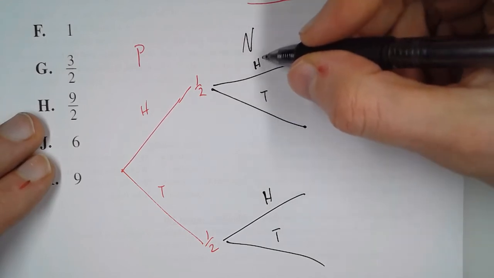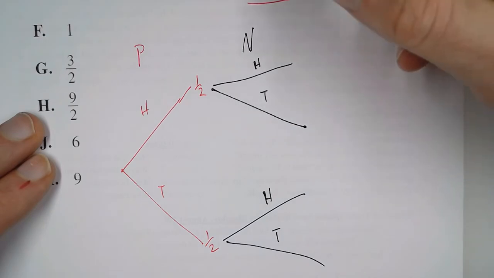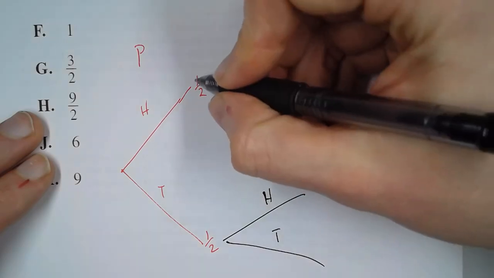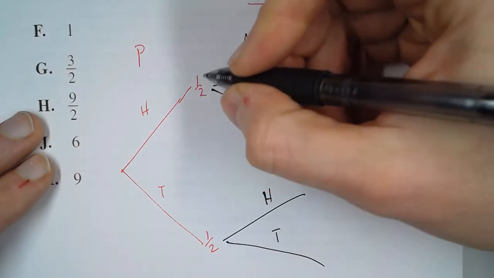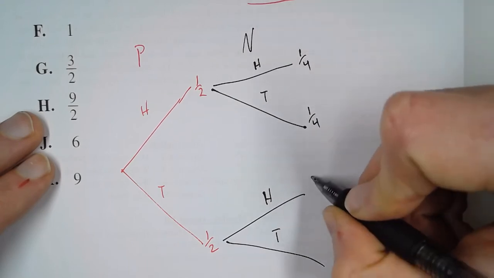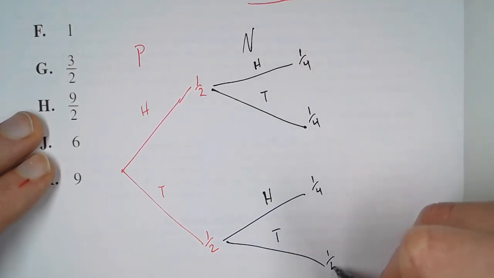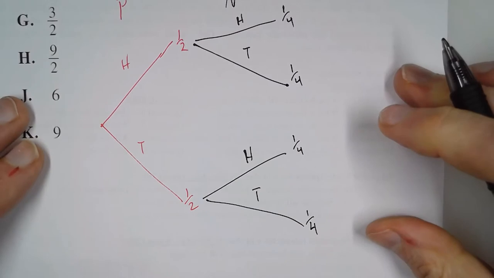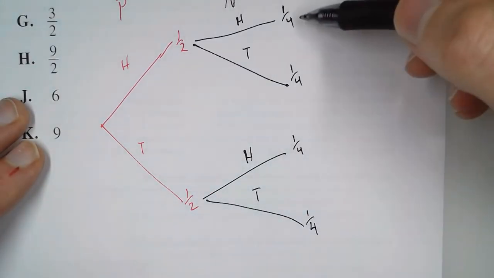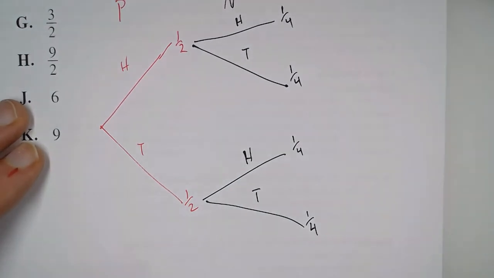It can either go heads or tails. So this is also half and half, but we started with 1/2 already. So this is 1/4, 1/4, 1/4, 1/4. Because we have to split this half equally, and we have to split this half equally. So now we have 4 different outcomes.